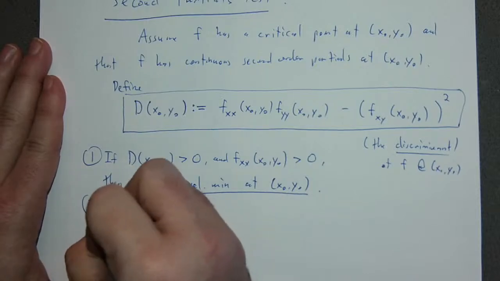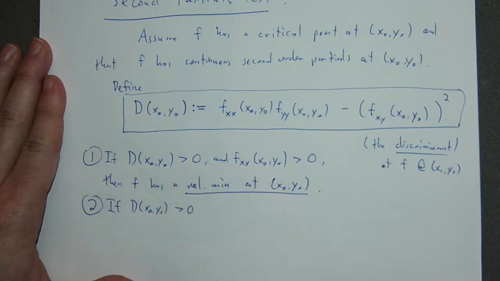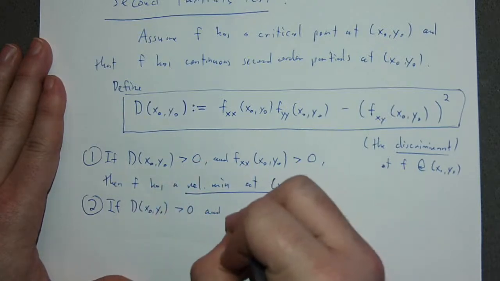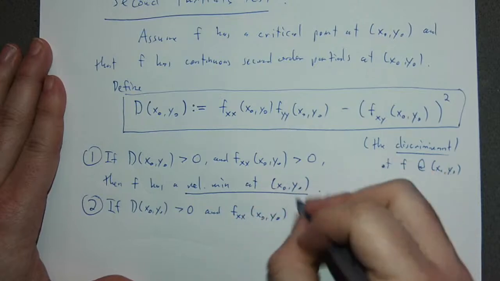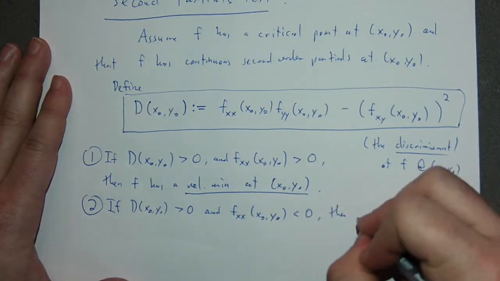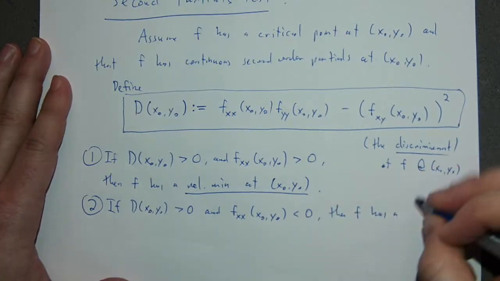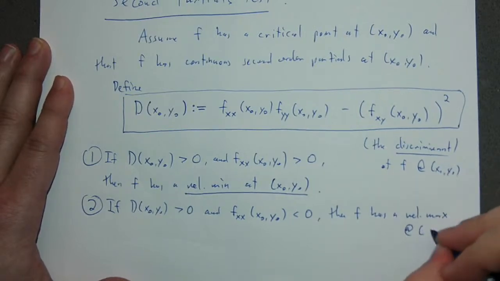Okay, another case, if the discriminant is positive at that point and the double x partial is negative, then f has a relative max at x naught, y naught.